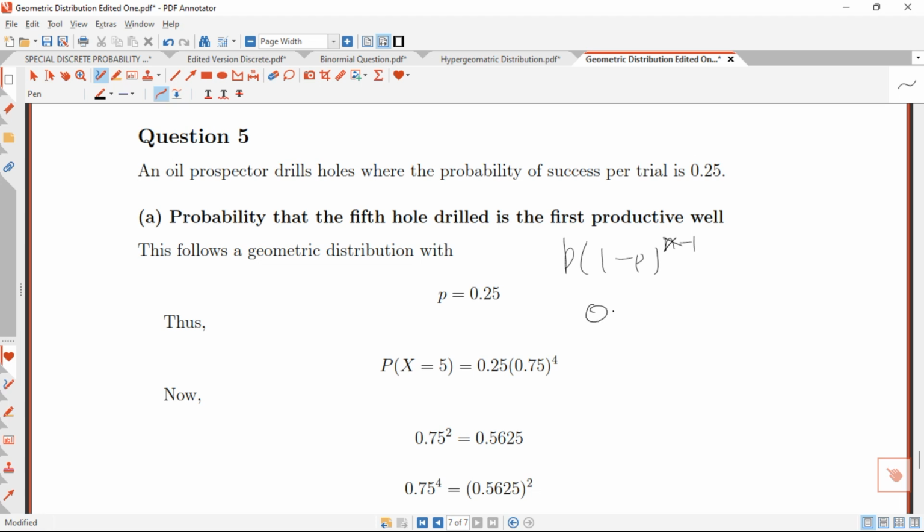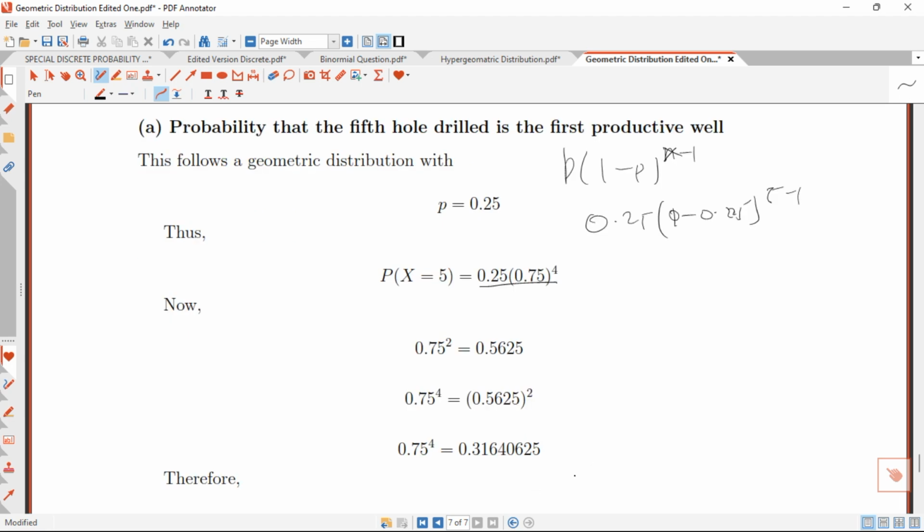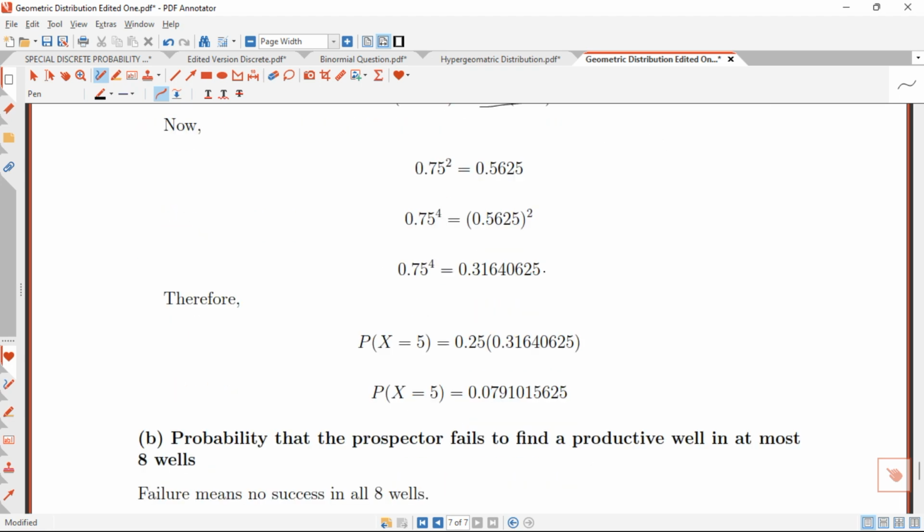That gives 0.25 times (1 minus 0.25) raised to the power 5 minus 1, and after the expansion our final answer is 0.079101565.